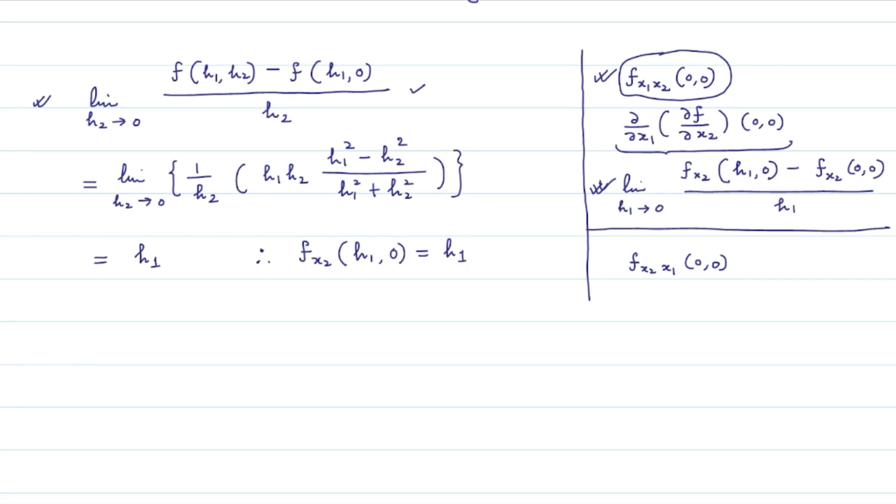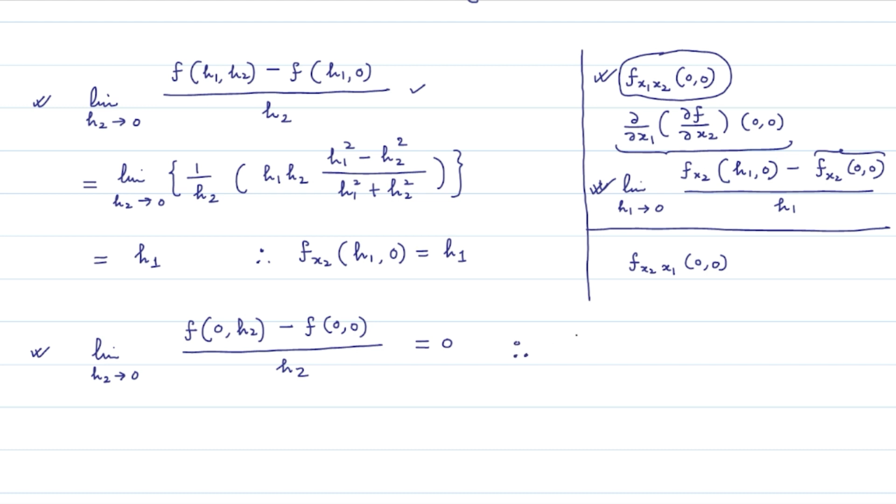Now we go for calculating f_x2 at (0, 0), which is given by limit h2 tends to 0 of (f(0, h2) minus f(0, 0)) divided by h2, which is equal to 0, and therefore f_x2 at (0, 0) is equal to 0.